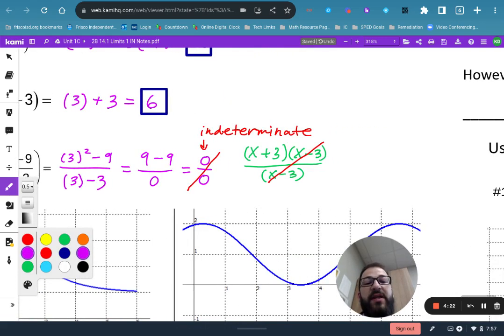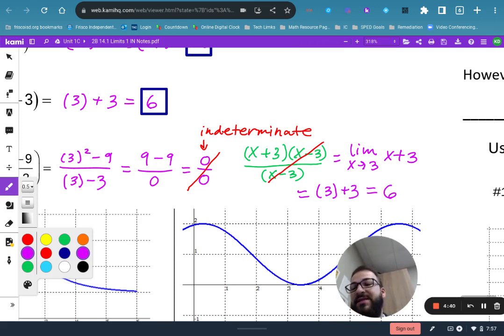So I get a new simplified limit of the limit as x approaches 3 of just x plus 3, which once again, now I can plug in my x value. So I would get 3 plus 3, which is equal to 6.